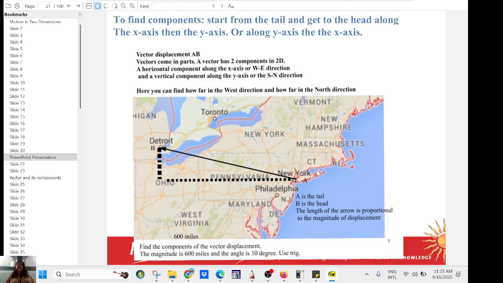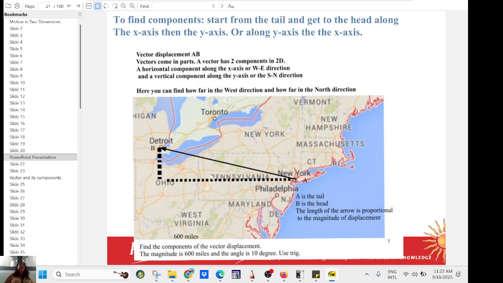You're not a bird, so you have to take the highway. And let's say you have a highway going this way, and then you have a highway going that way. That will be called the horizontal displacement. It's going to tell you how far you went westward. Okay, so this is called the x component or the westward component.